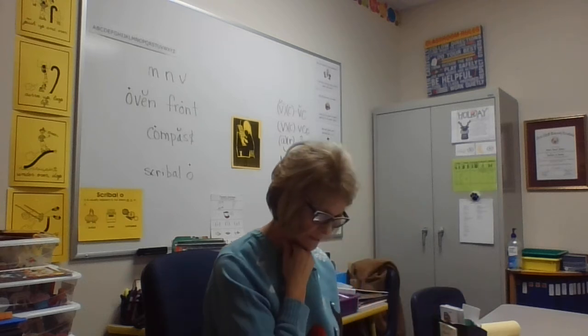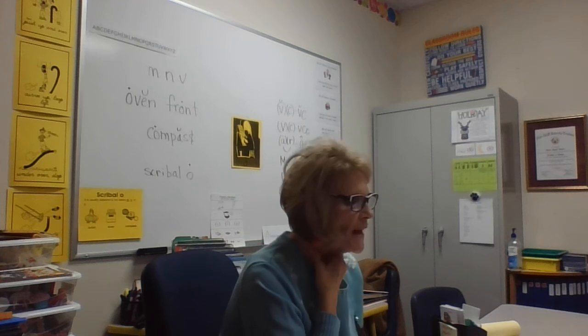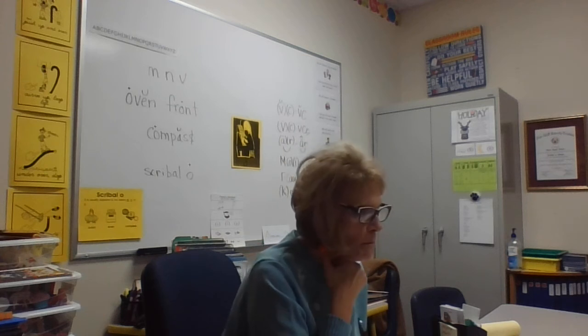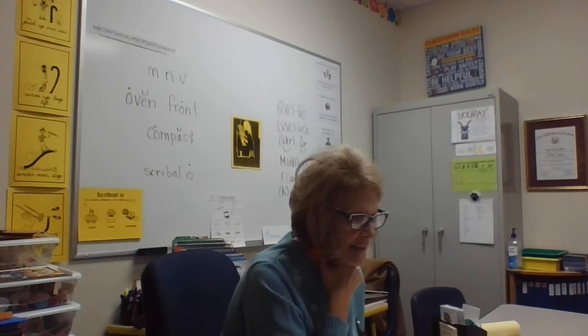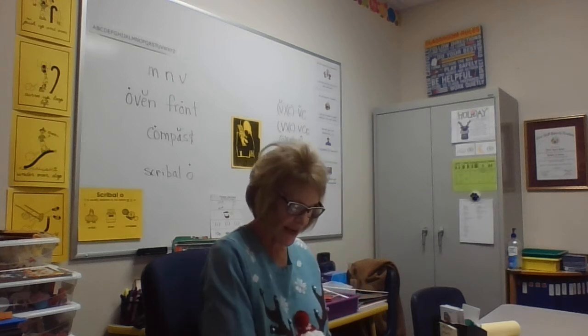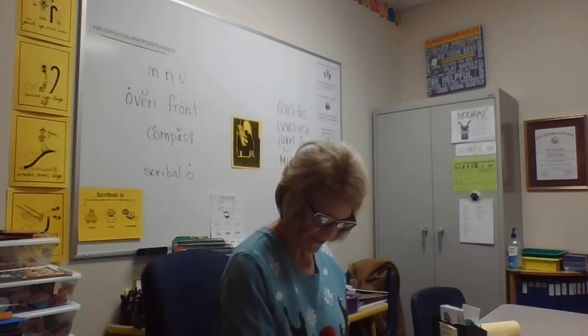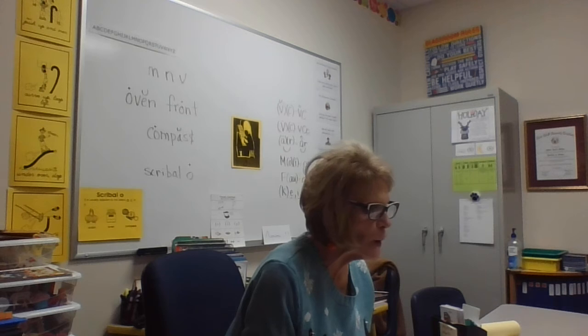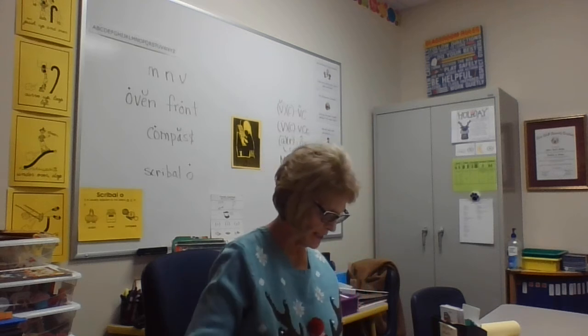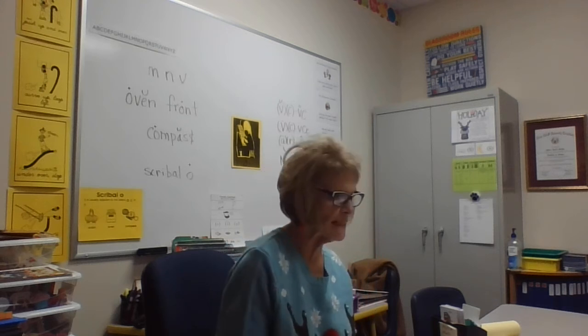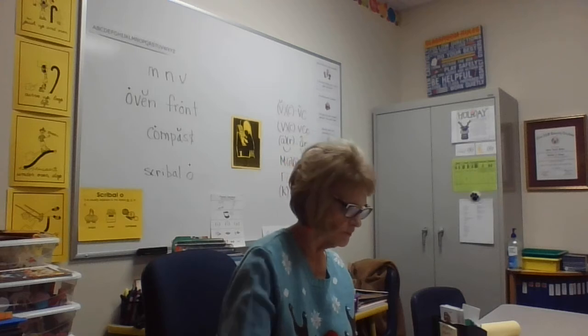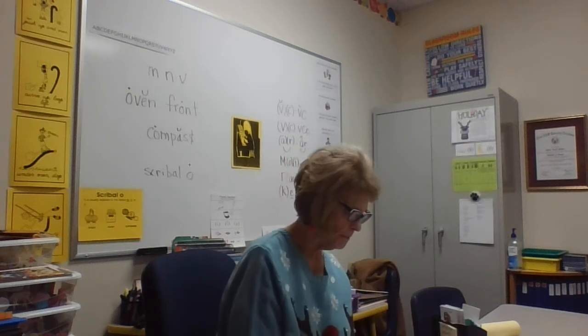Turn that one for me. What about changing bread to bed? Ed. Okay. What did you do? Take away the R. Took away the R sound. What if I want to make bed into bird? Bird.